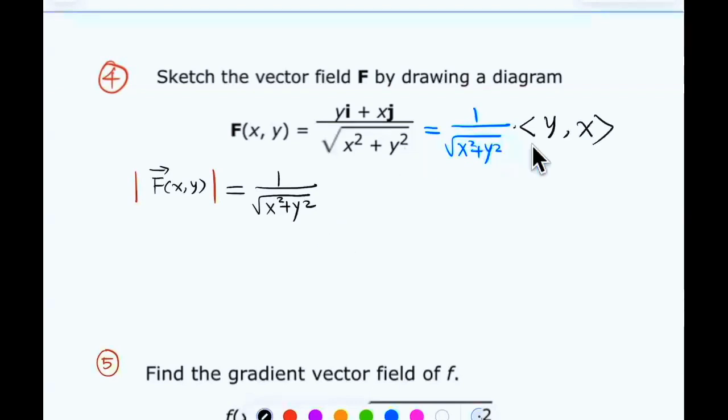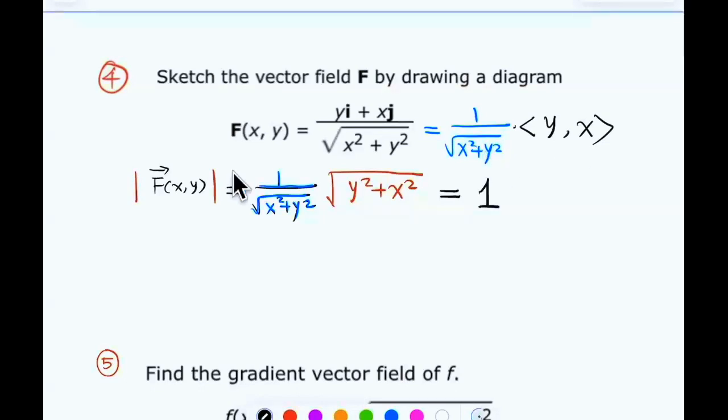Then I will take the square root of y squared plus x squared, right? Now, simplifying over here, what do you get? You get 1.